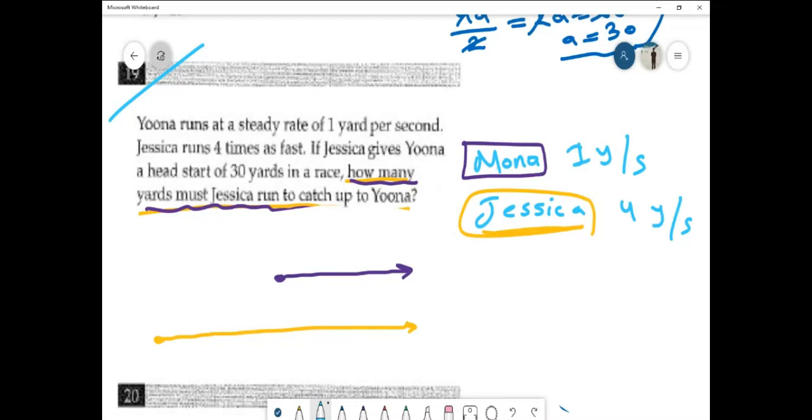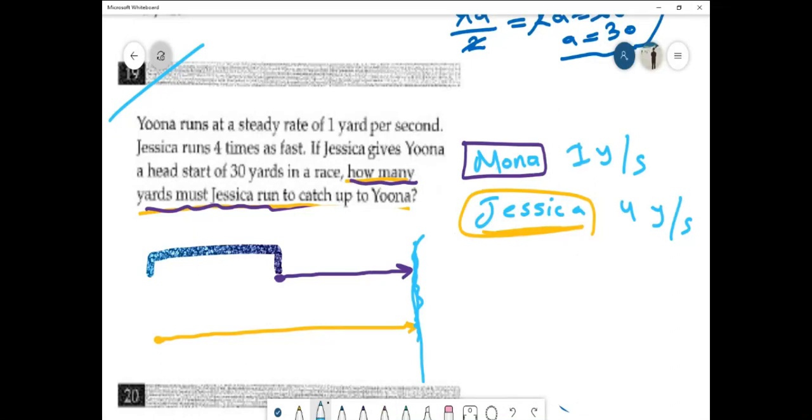So let's clean this. I'm going to start with graphing. Let's say Jessica is yellow and Mona is purple. Mona is starting here and Jessica is running in this direction.